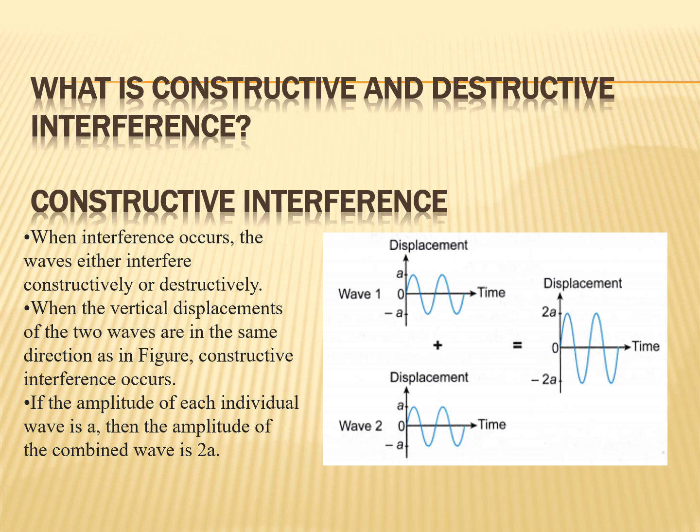Wave 1 and wave 2 superimpose on each other constructively, resulting in constructive interference with the amplitude double the original.